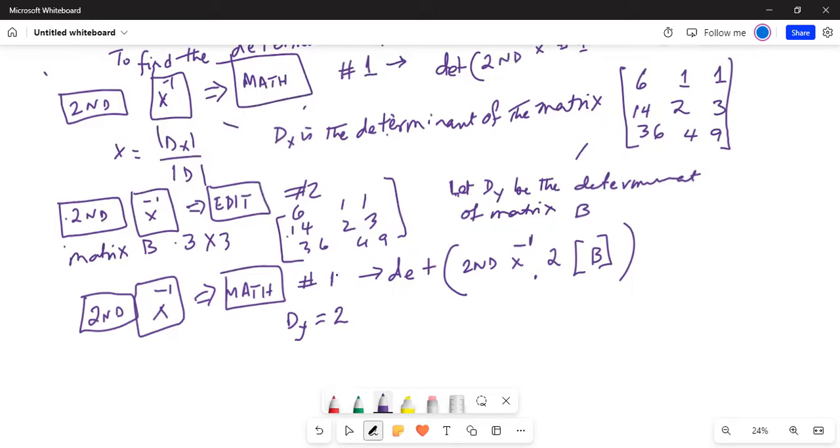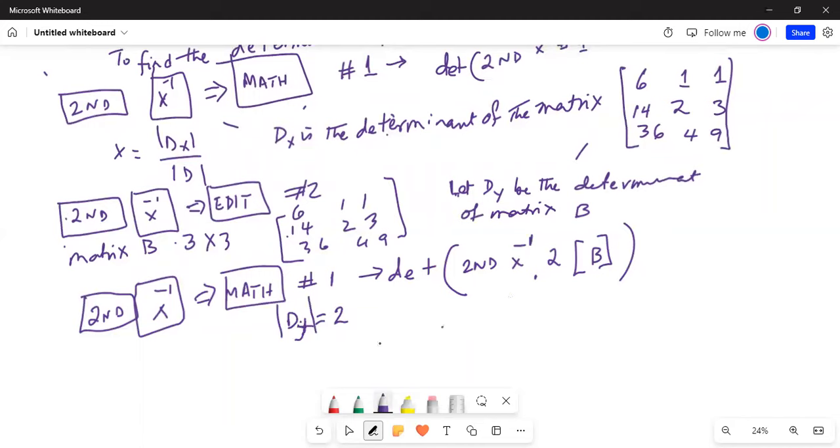So determinant of dy, which is the determinant of matrix B. Sorry, this is dx actually, okay. We are finding dx now, as 2, okay.